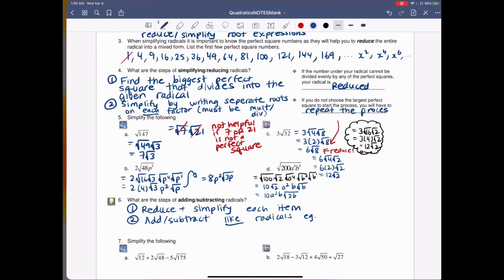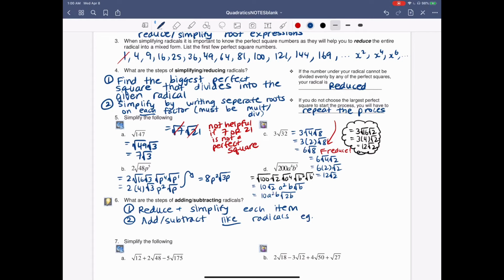Example, if you have 2 square root 3 and, so that suggests adding, 5 square root 3, that is equal to what? What do you think?